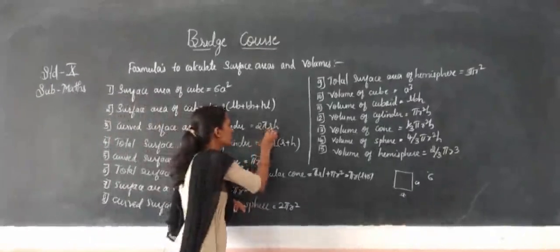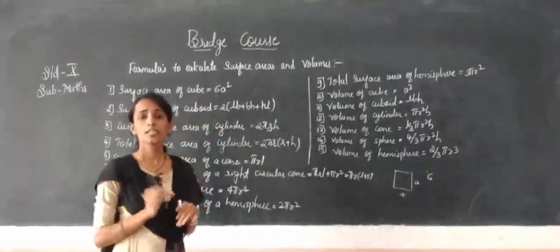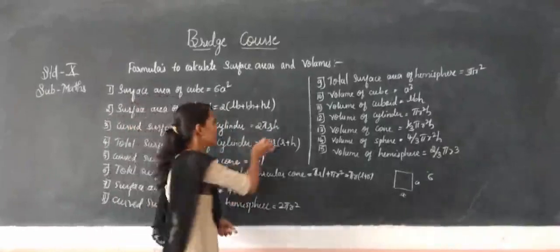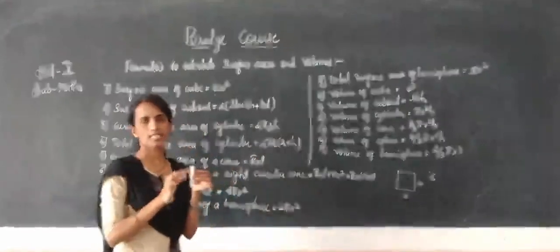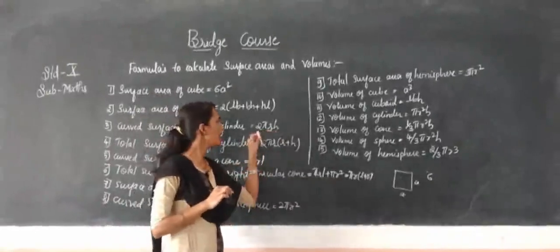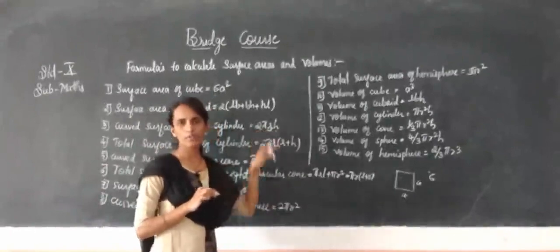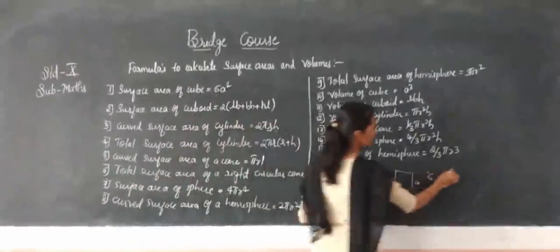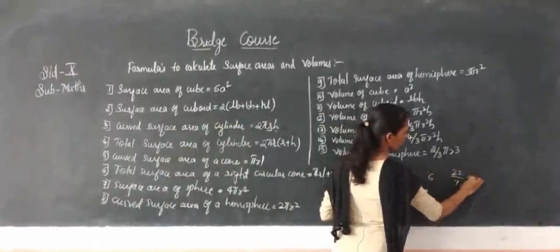Here r is the radius of the cylinder and h is the height of the cylinder. And pi is a constant. The value of pi is 22 by 7, or in decimals, 3.142.